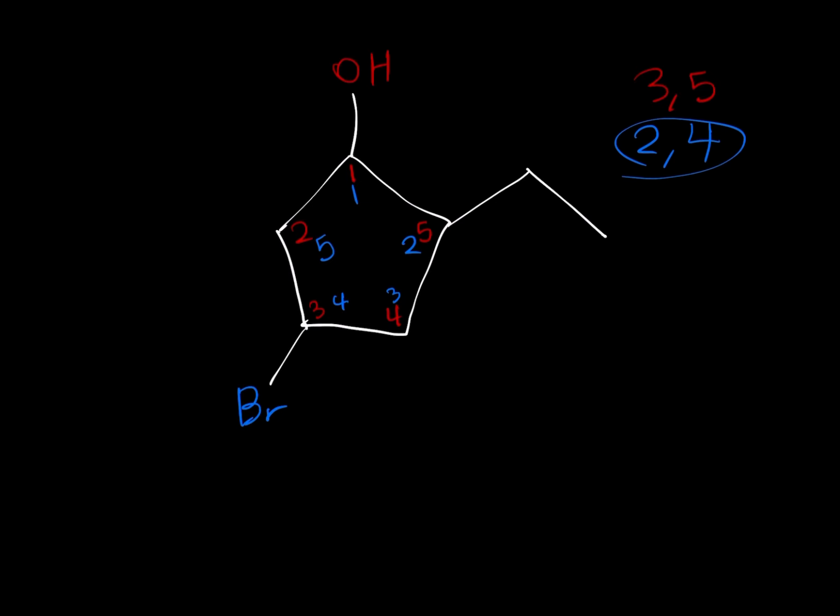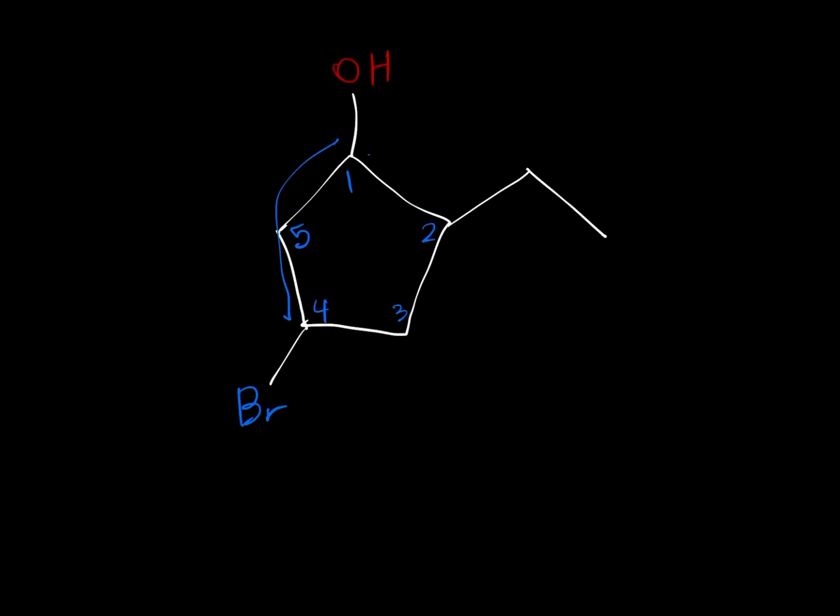Since 2 and 4 are lower than 3 and 5, we're going to go with the blue option, the clockwise option. And you could even tell because after you number the first one, the next substituent is right after, as opposed to it being 2 carbons away. So that's how you can tell that the blue is the correct way just off of a shortcut.